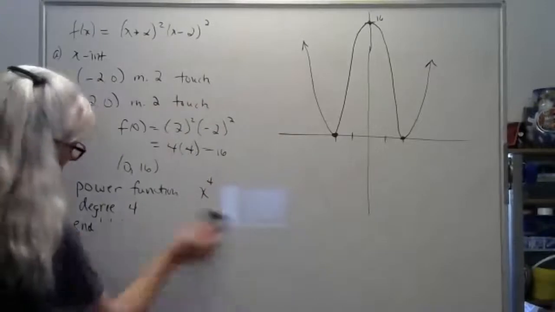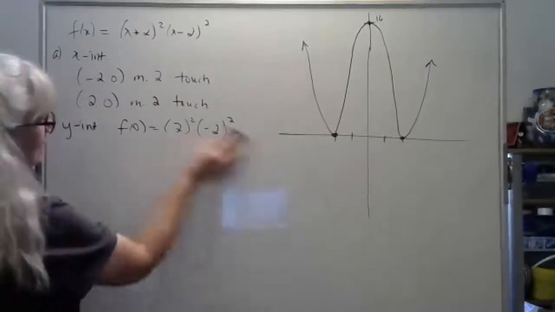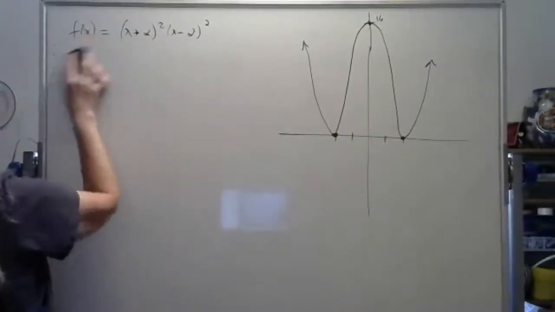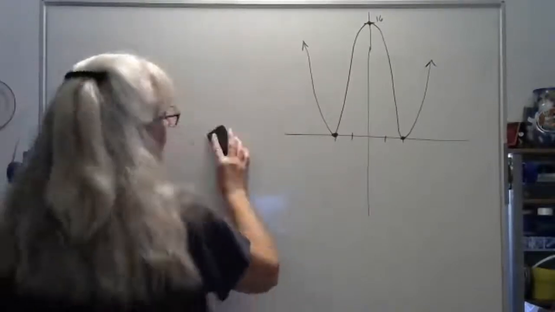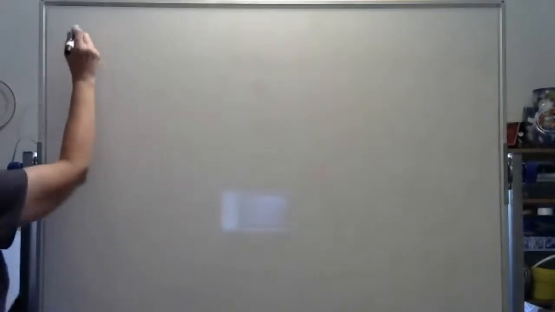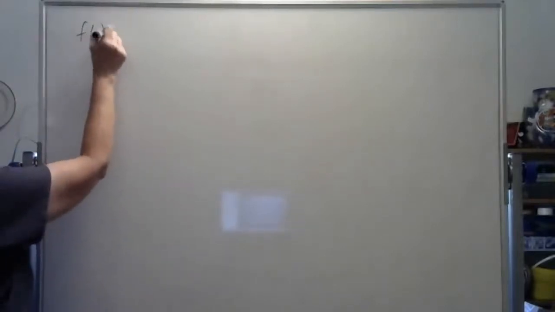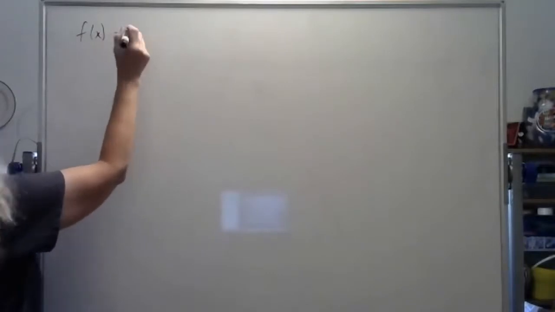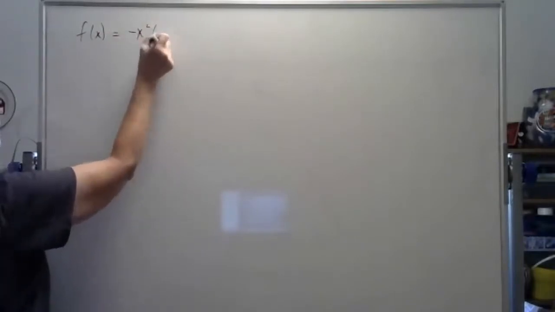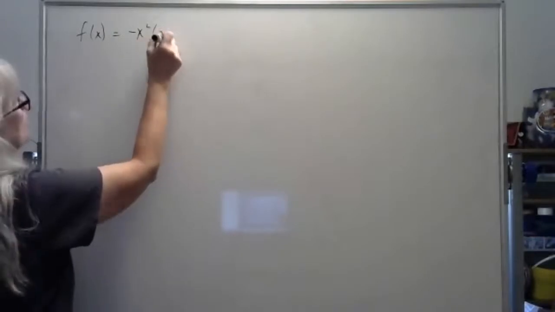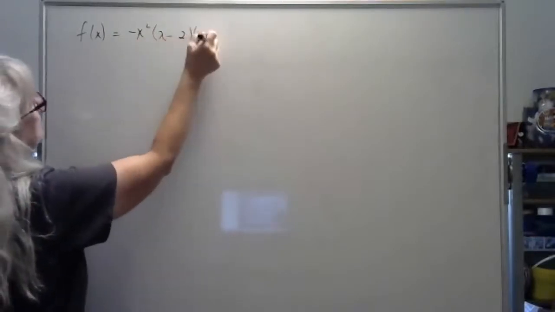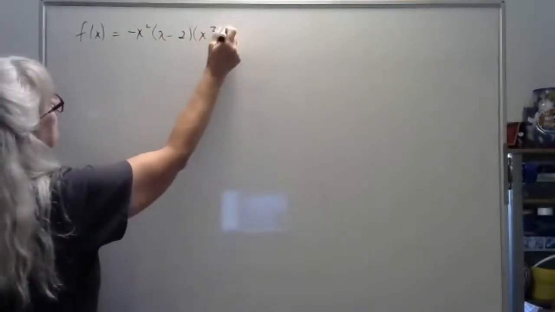Okay, let's do one more. This one's going to have a slight twist to it. So this time, let's graph f of x is equal to -x² times x minus 2 times x² plus 3.